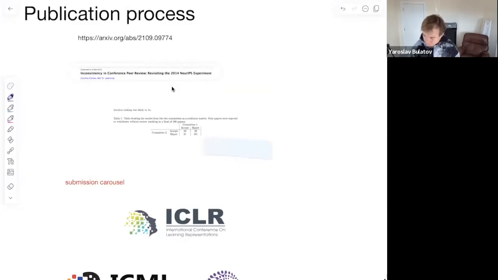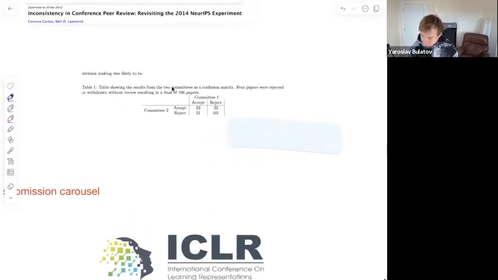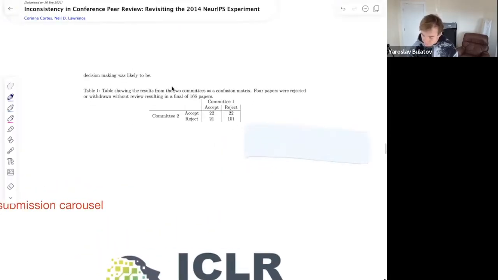First of all, there was an interesting experiment in 2014 where they looked at the probability of papers being accepted or rejected, given that another set of reviewers accepted them.